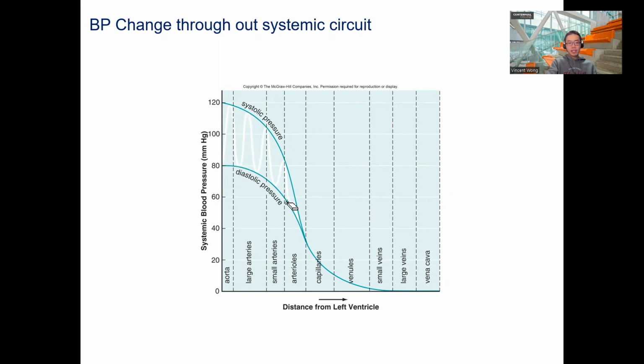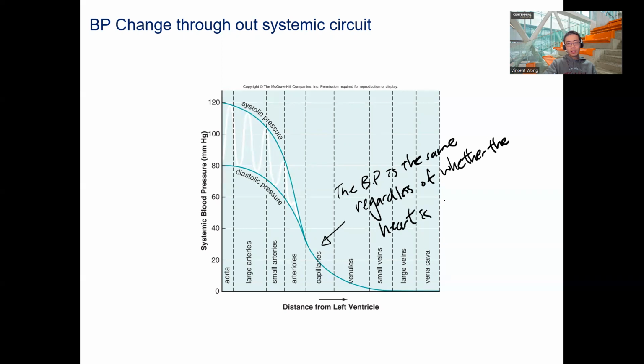But you can see the 2 lines actually merge and become one line when we get to the capillaries. What that means is at the capillaries, the blood pressure is the same, regardless of whether the heart is contracting or relaxing.